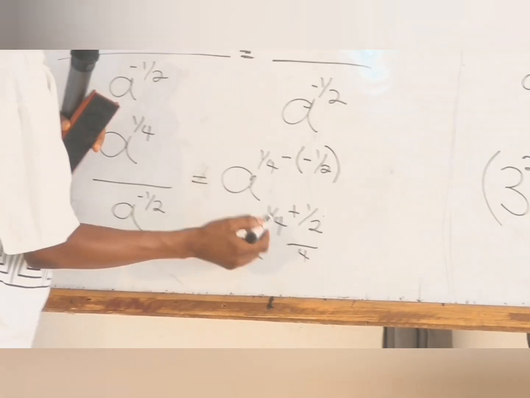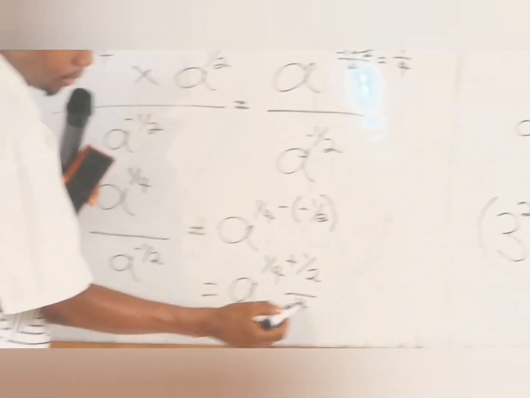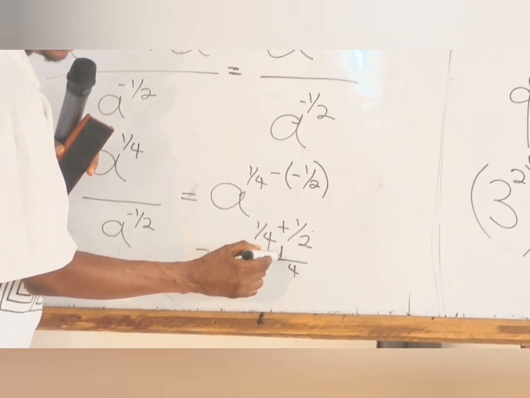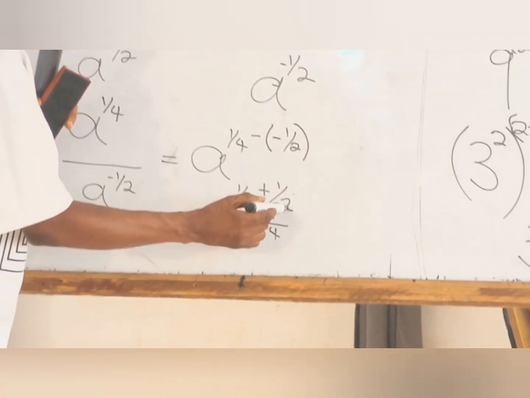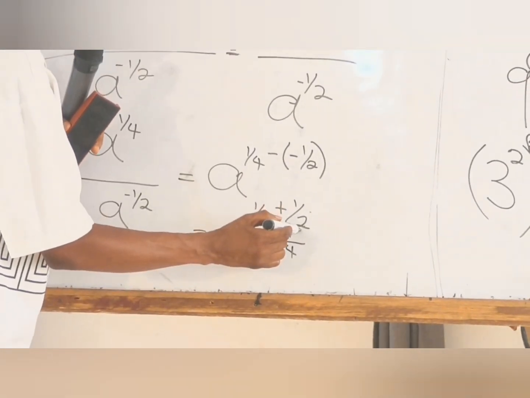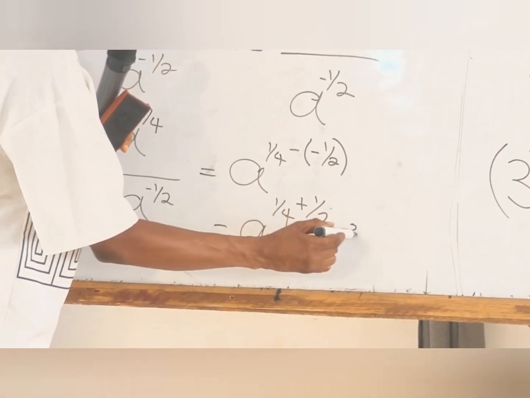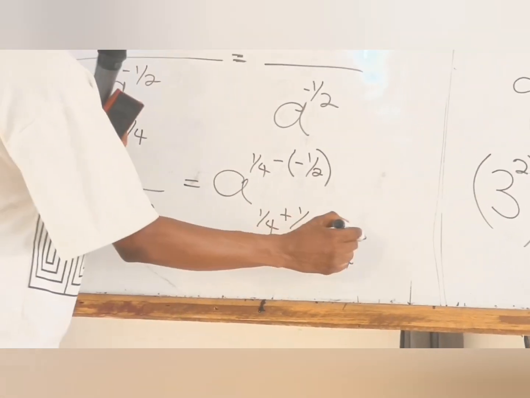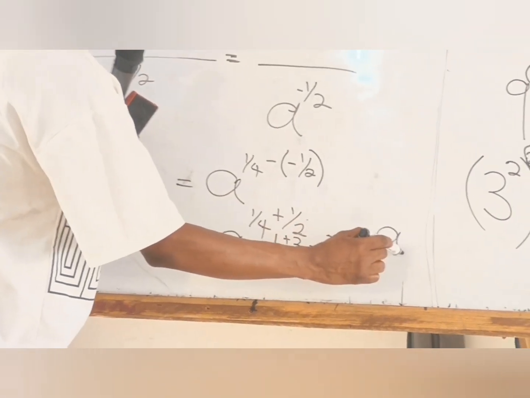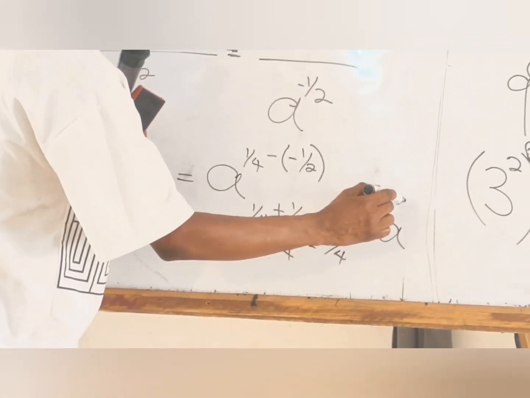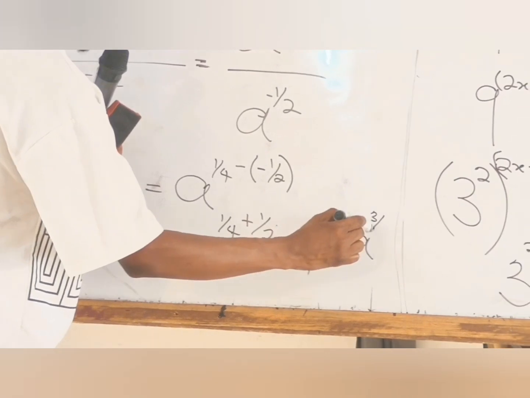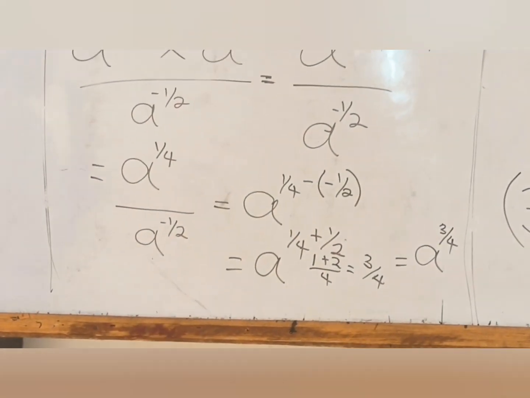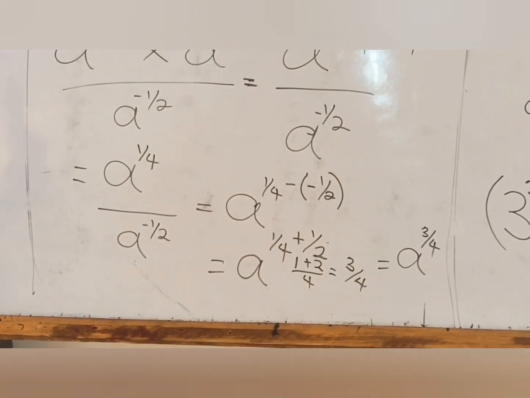So we have added this to that. So we are looking for the LCM, which is 4. 4 divided by 4 is 1 times 1, 1. 4 divided by 2, 2 times 1, 2. So we get what? 3 over what? 4. So that's the power we are going to get. So we are going to get a to the power 3 over 4.